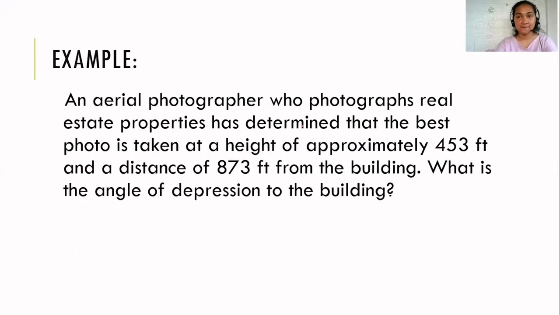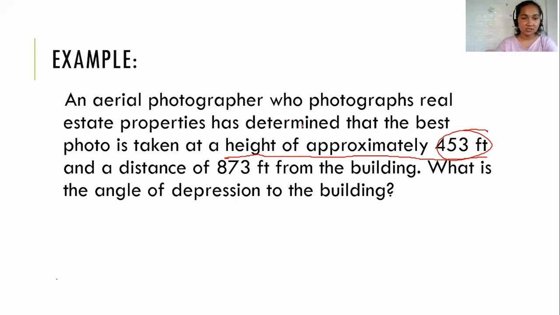For this last example, an aerial photographer who photographs real estate properties has determined that the best photo is taken at a height of approximately 453 feet and a distance of 873 feet from the building. What is the angle of depression to the building? The height is approximately 453 feet above the ground, and the distance from the building to your camera is 873 feet.